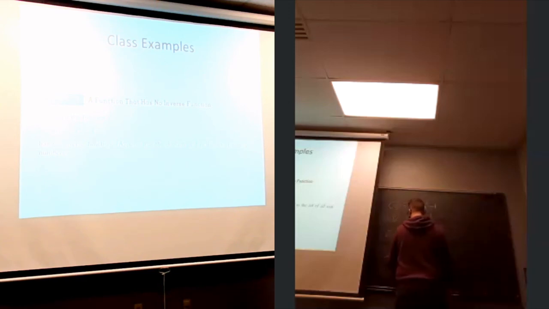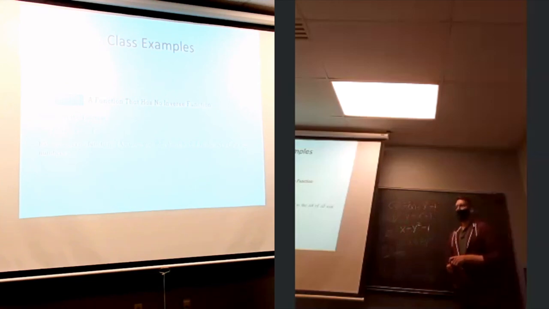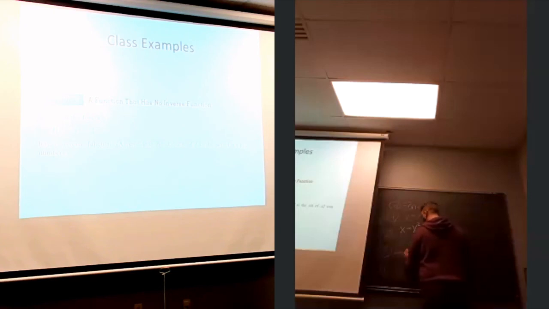First thing we're gonna do, add 1 to both sides. Next thing is we're gonna take the square root of both sides, right? But we can't just take the square root, we've gotta say plus or minus the square root, right? Because we're trying to solve for y, and y can be positive or negative, right? So, plus or minus the square root of x plus 1 is equal to y.